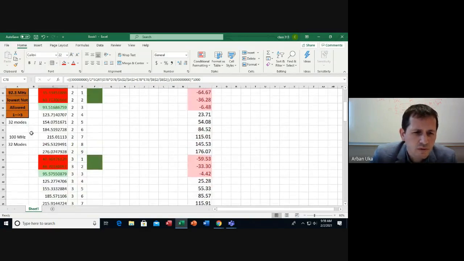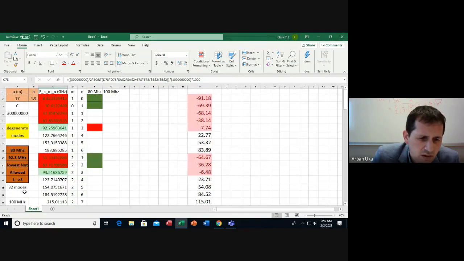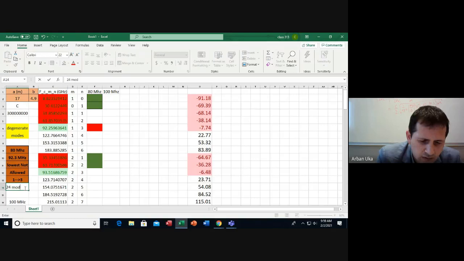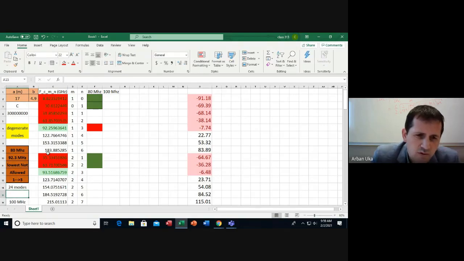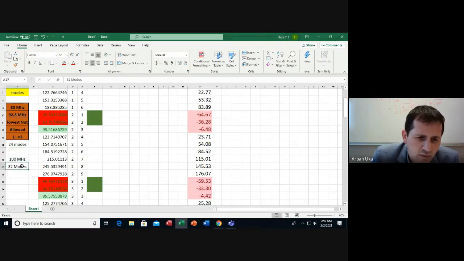So apparently we get 24 modes here. This was a mistake. This is 24. Okay, so we get 24 propagating modes of 80, and we get 32 propagating modes of 100.